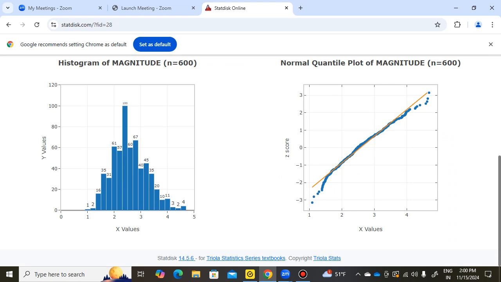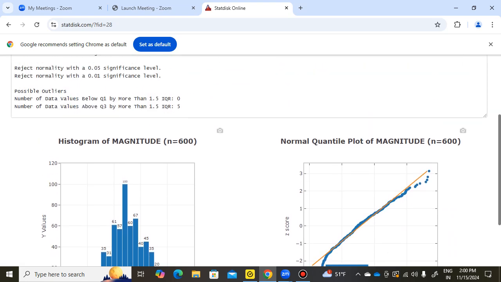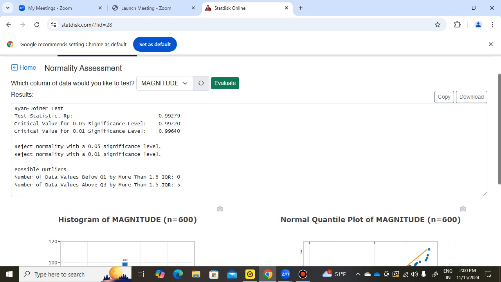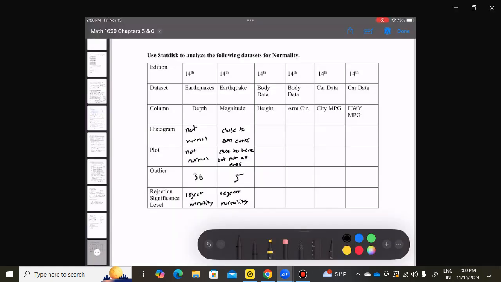A lot of times on the quartile plot, it's the ends that get kind of thrown off. So we have 5 outliers. And if you notice, we reject normality in both levels. So this data was closer to a normal distribution, but still wasn't a normal distribution.